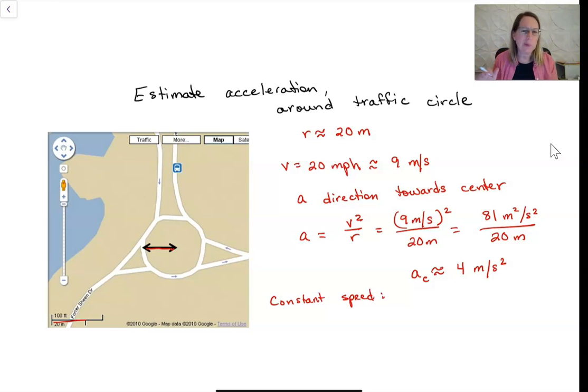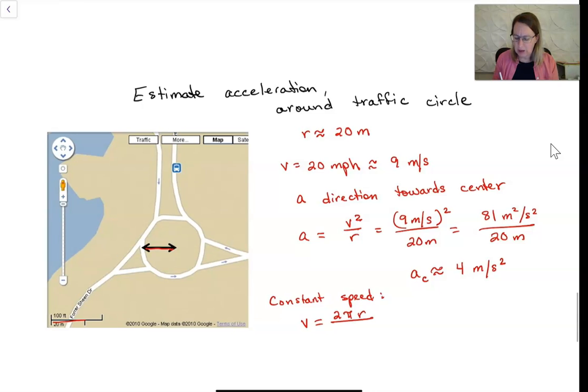I realize when you're driving, it's really easy to know your miles per hour, but if you're biking around the traffic circle, then to estimate your speed, you can say your speed is the distance you go, which is the circumference, 2 pi r, over the time to make that circle, which we usually call a period of revolution. And so that's another way you can find your speed when you're going around a circle. That's a useful thing to hold on to, the circumference divided by the time, because sometimes that's easier to estimate.